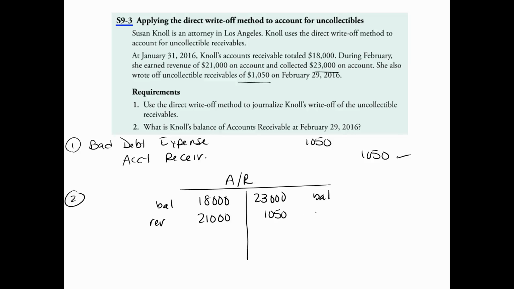So I'll put that on the credit side. Oops, that's not the balance, that's collected. And this is my write-off. So then debit plus debit minus credit gives me my new balance of $14,950. So that's the ending balance in accounts receivable.